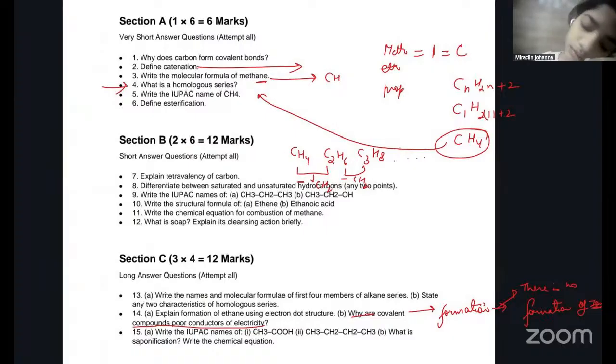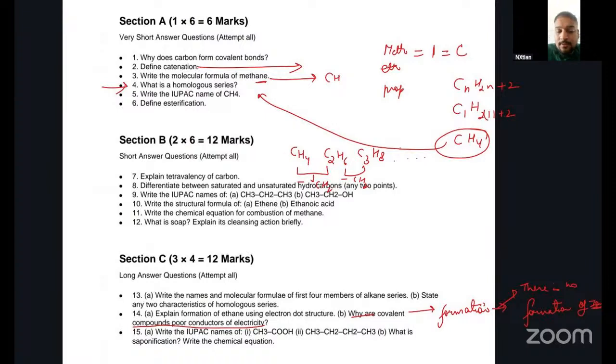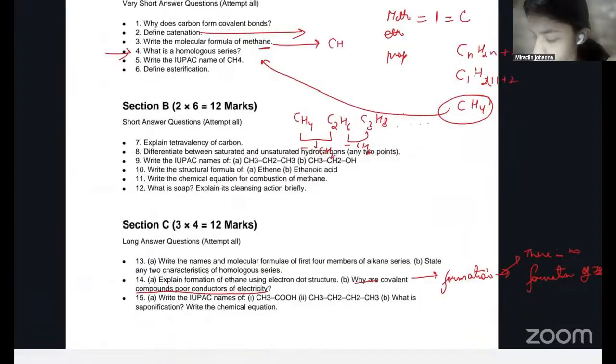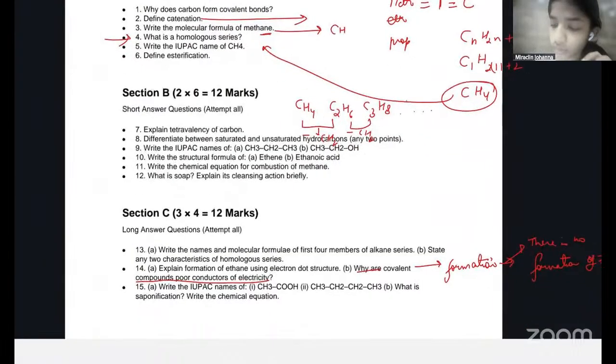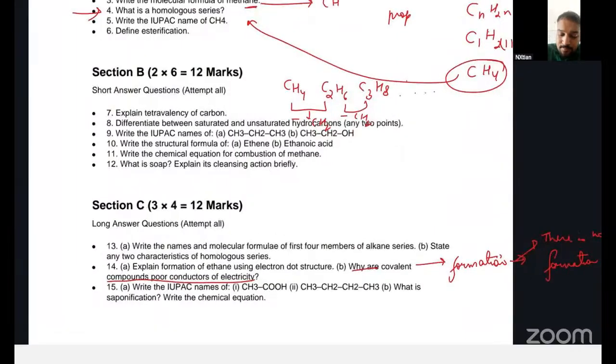This is the first thing, and the second thing is, it is a fruity smell used in perfume. So ester is used in perfumes, basically.